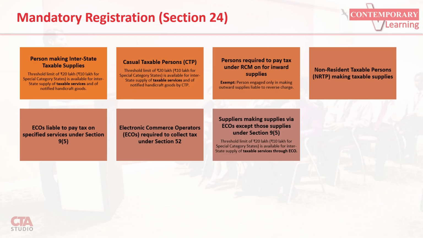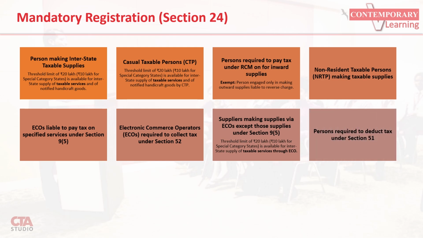If you are selling through e-commerce platforms, you generally need to register, but there's a threshold exemption of rupees 20 lakh, rupees 10 lakh for special category states, for interstate supply of taxable services through ECO. Persons required to deduct tax under Section 51. If you are required to deduct TDS under GST, you must register.